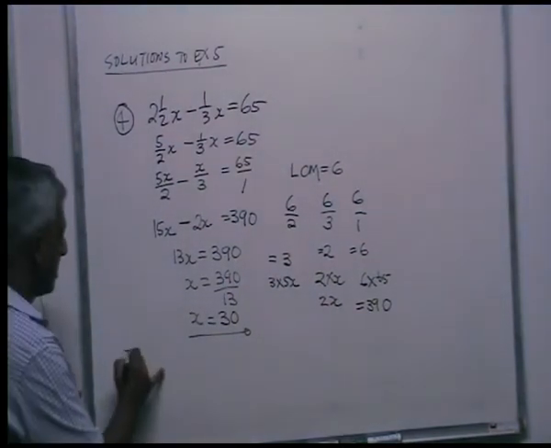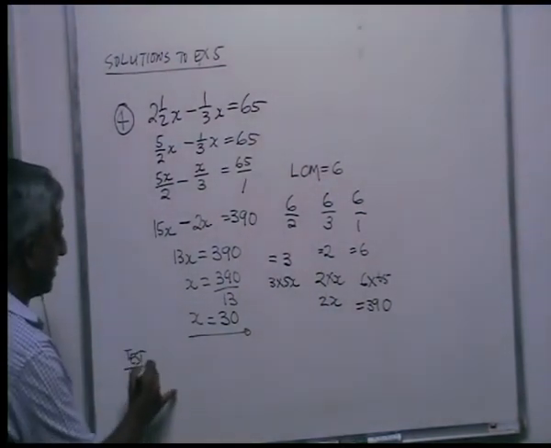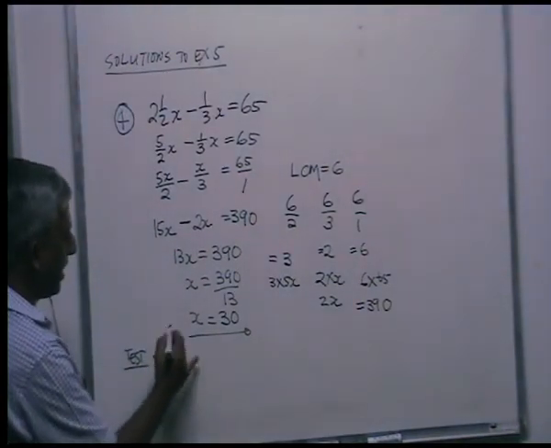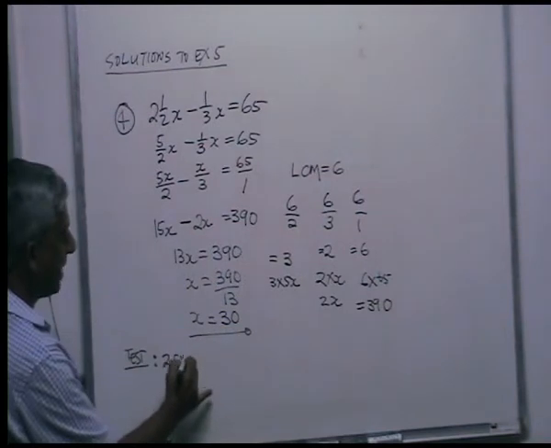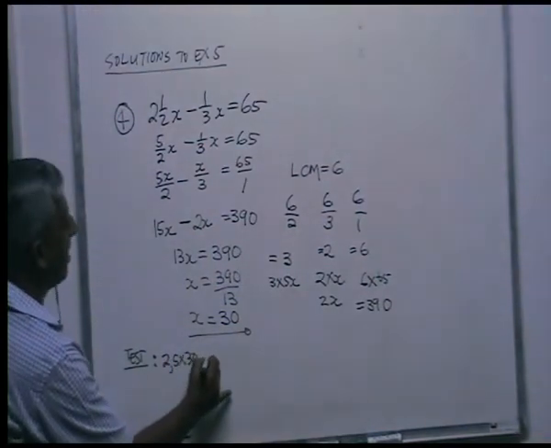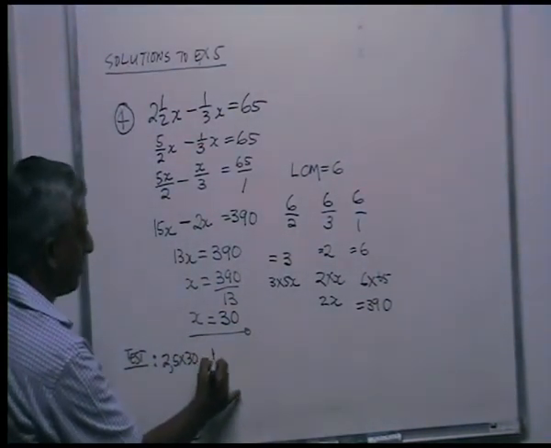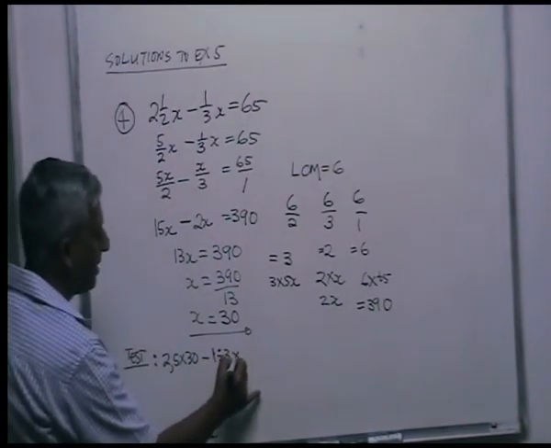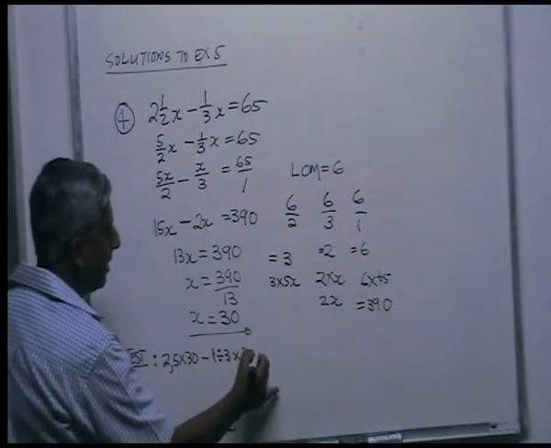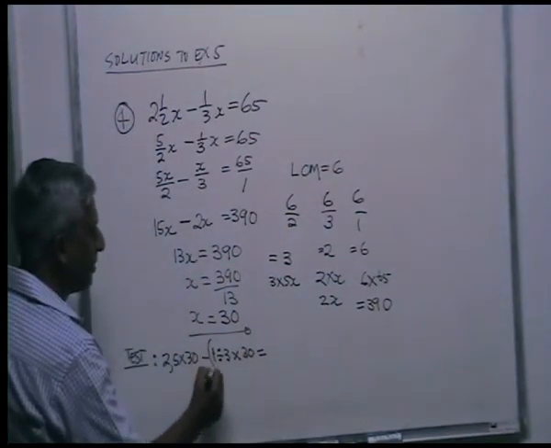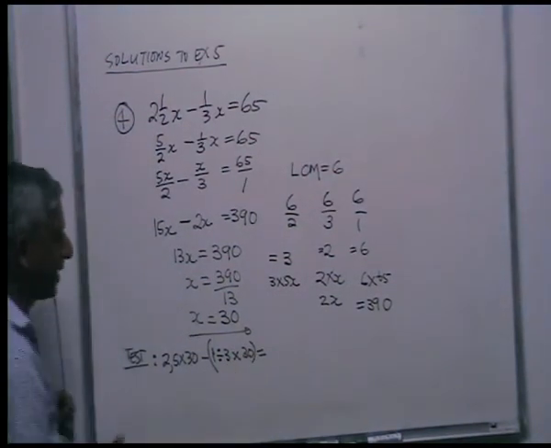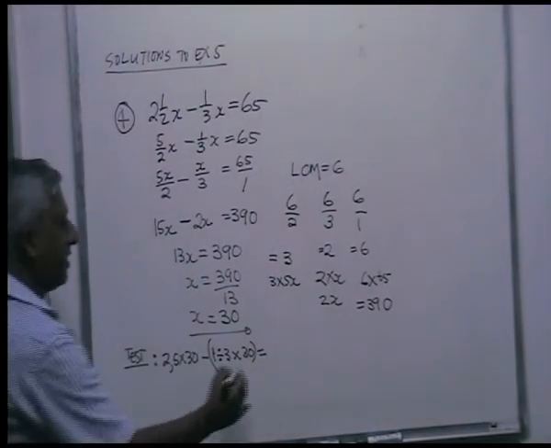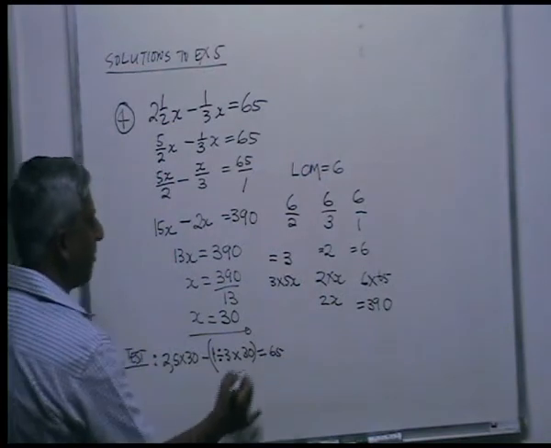In other words, if you want to test this answer, in the calculator you'll put 2.5 times 30 minus 1 divided by 3 times 30, and you press the equal to sign. It's better to do all this in a bracket. And you'll find that the calculator will give you 65.